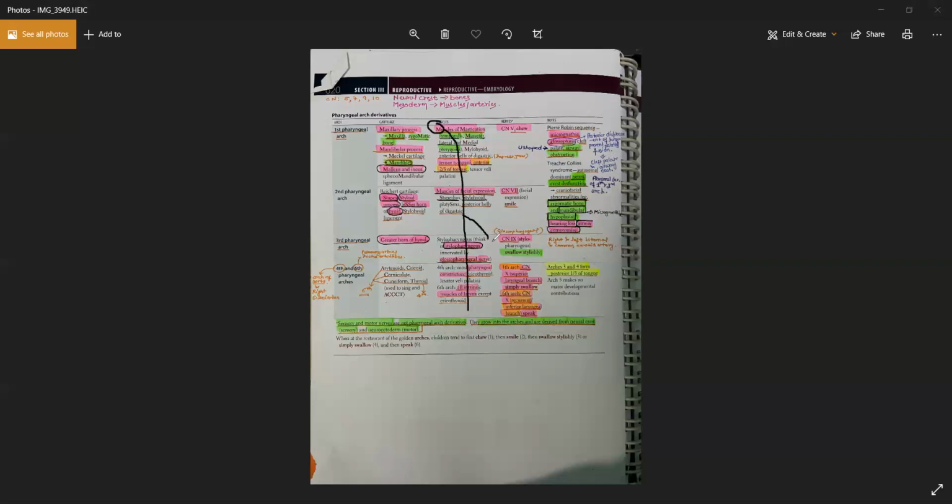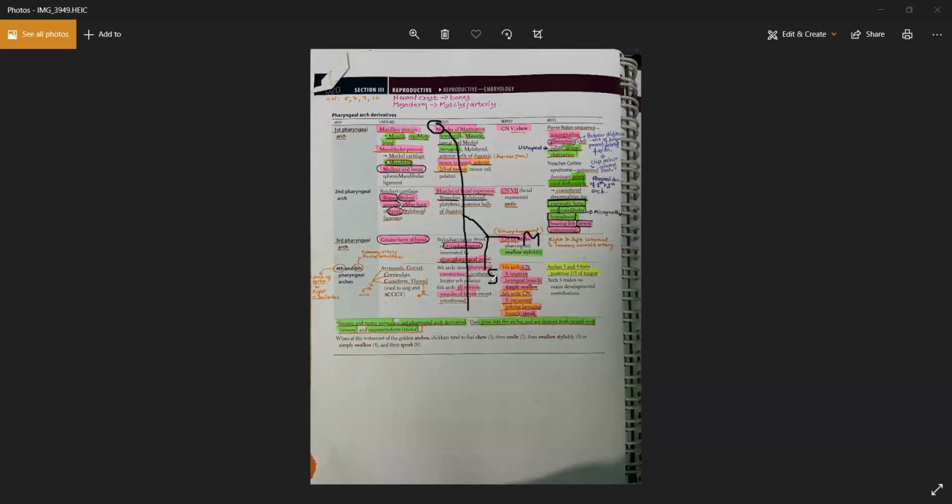This superior laryngeal nerve gives off two branches, the external superior laryngeal nerve and the internal superior laryngeal nerve. The outer nerve supplies the motor part, and the inner one supplies the sensory part.